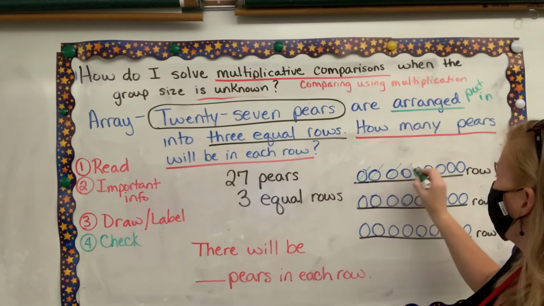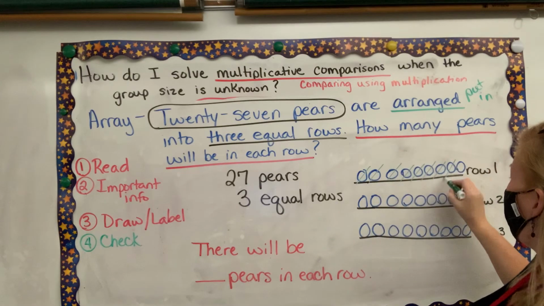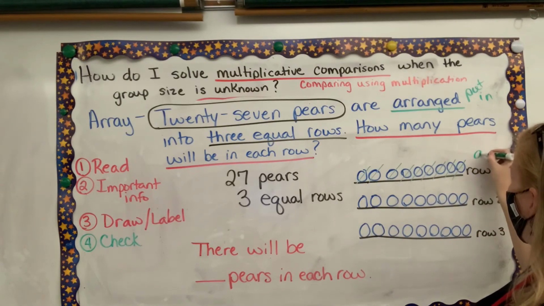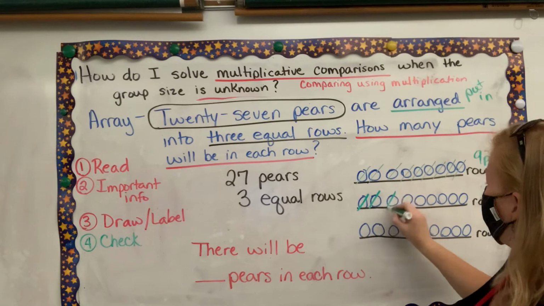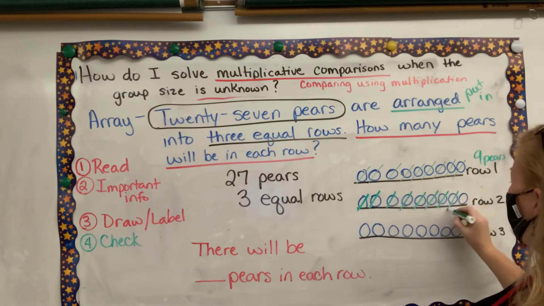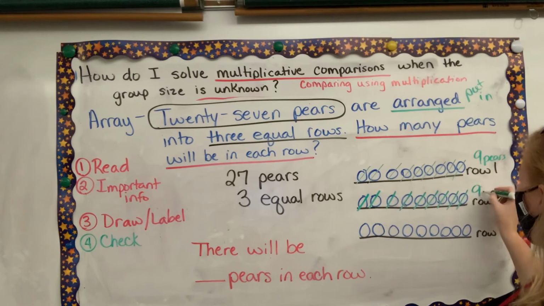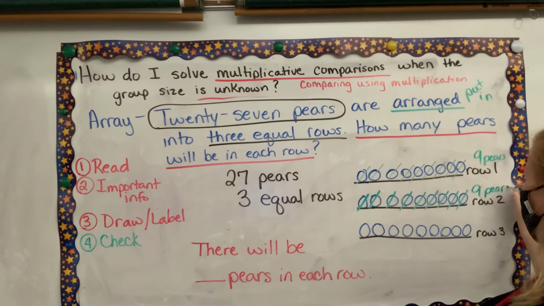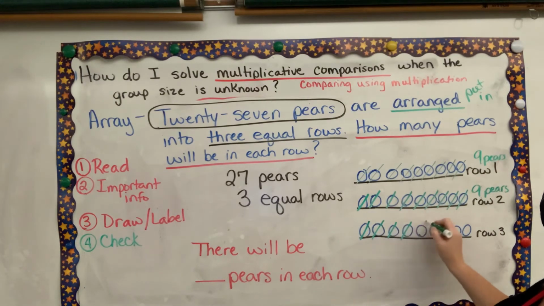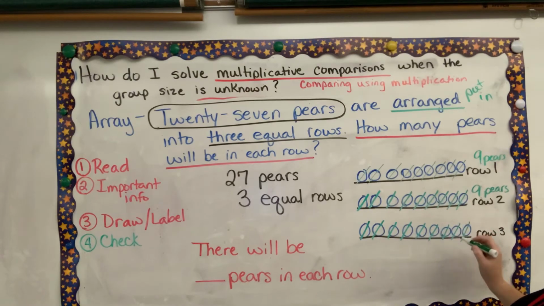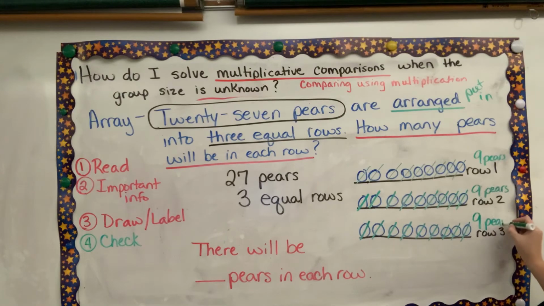1, 2, 3, 4, 5, 6, 7, 8, 9. I think I have 9 pairs in this one. I have a label. 1, 2, 3, 4, 5, 6, 7, 8, 9. 9 pairs in this one. 1, 2, 3, 4, 5, 6, 7, 8, 9. 9 pairs in this one.